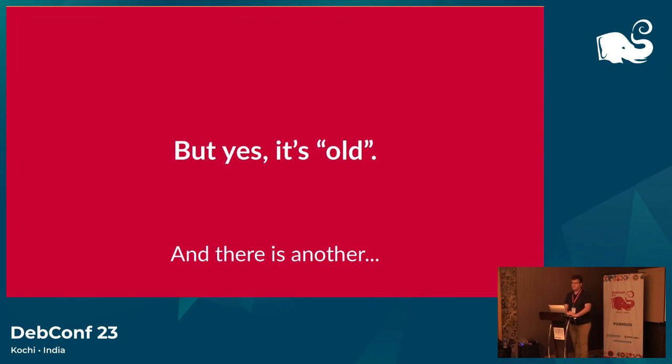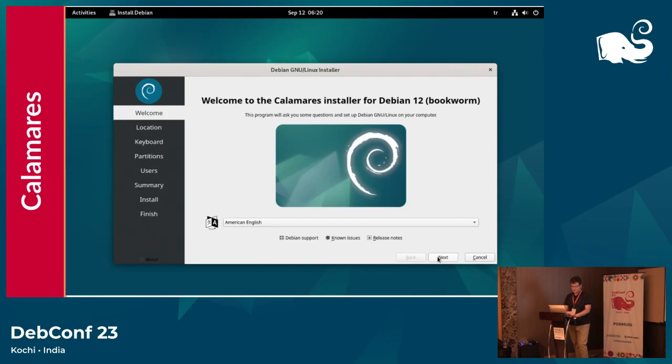But it's quite old. The first mentions of Debian installer development were around 2000, and the first beta release of Debian installer was, I think, in 2003. And as far as the general population knows, there's another Debian installer that is the live install images, which have this Calamares installer installed.